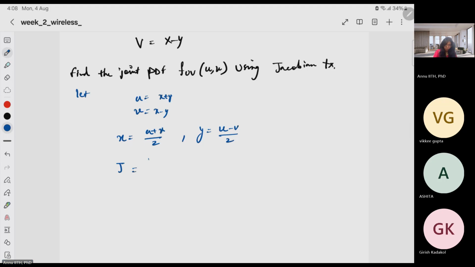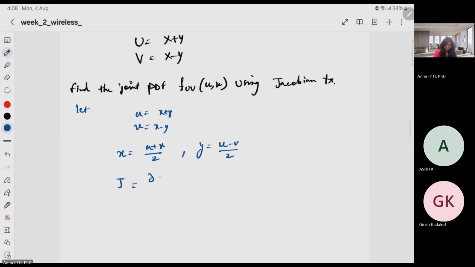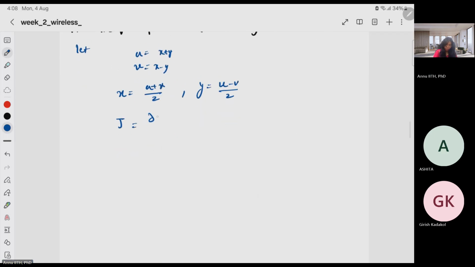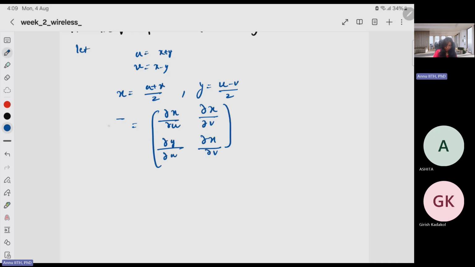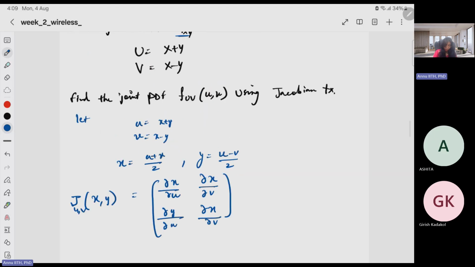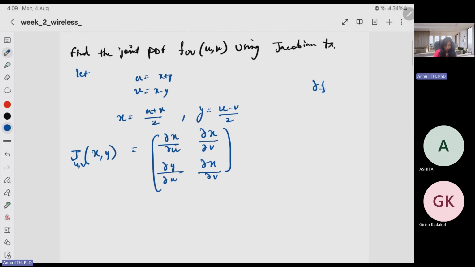J is equal to del of x by del u, del of y by del u, del of x by del v, del of y by del v. That is the Jacobian of (x, y) with respect to (u, v).